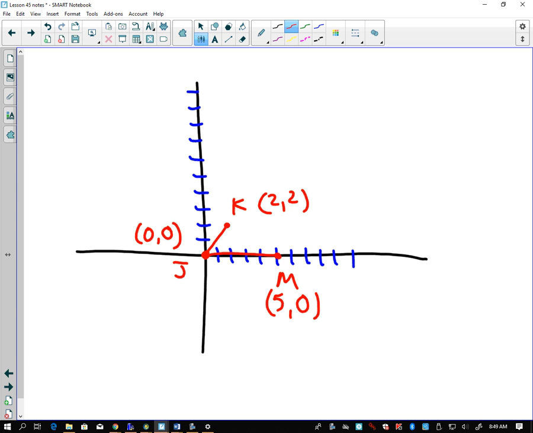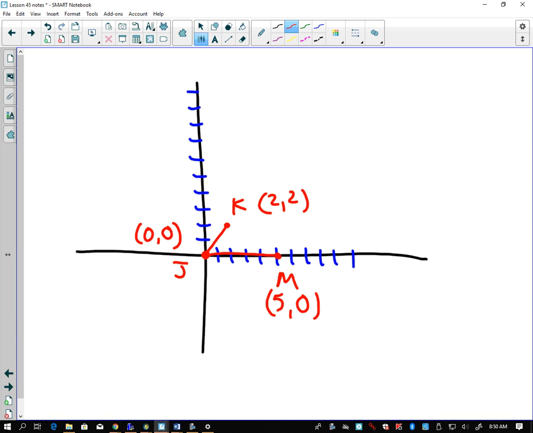Because it's a parallelogram, remember that the opposite sides have to be parallel. So I'm using what I know about a parallelogram. Let's find the slope from J to K, and that same slope should exist from M to L. Does that make sense?